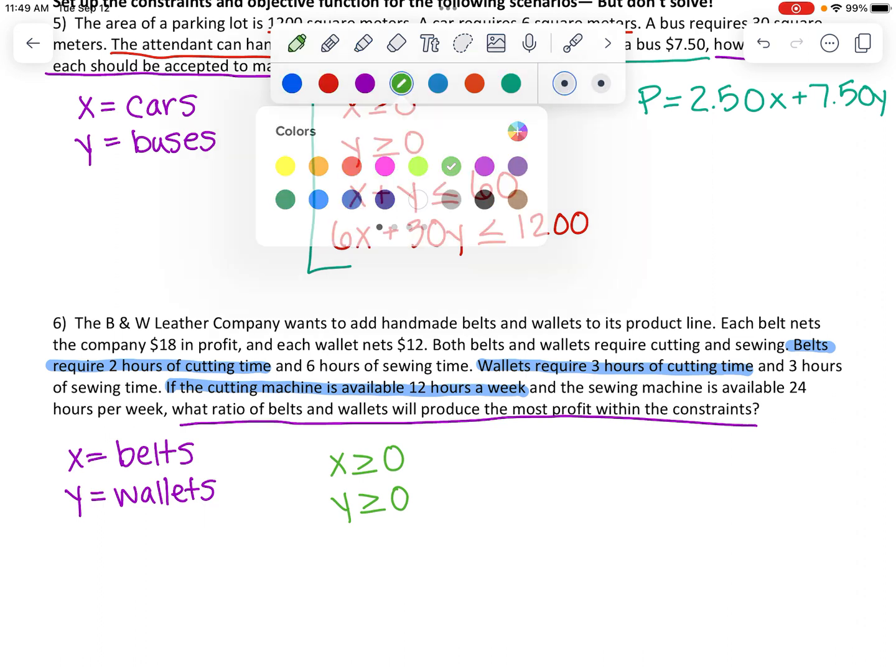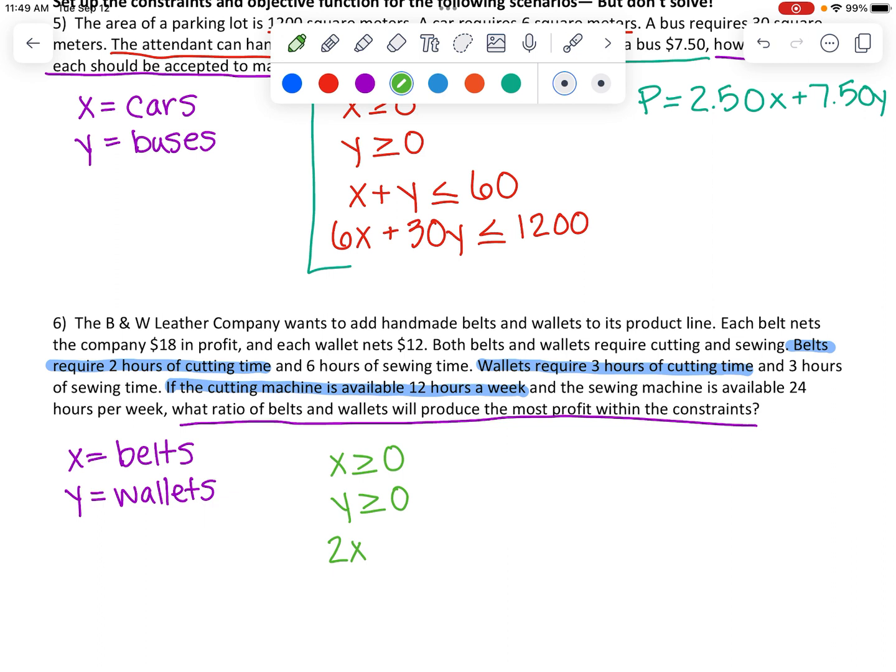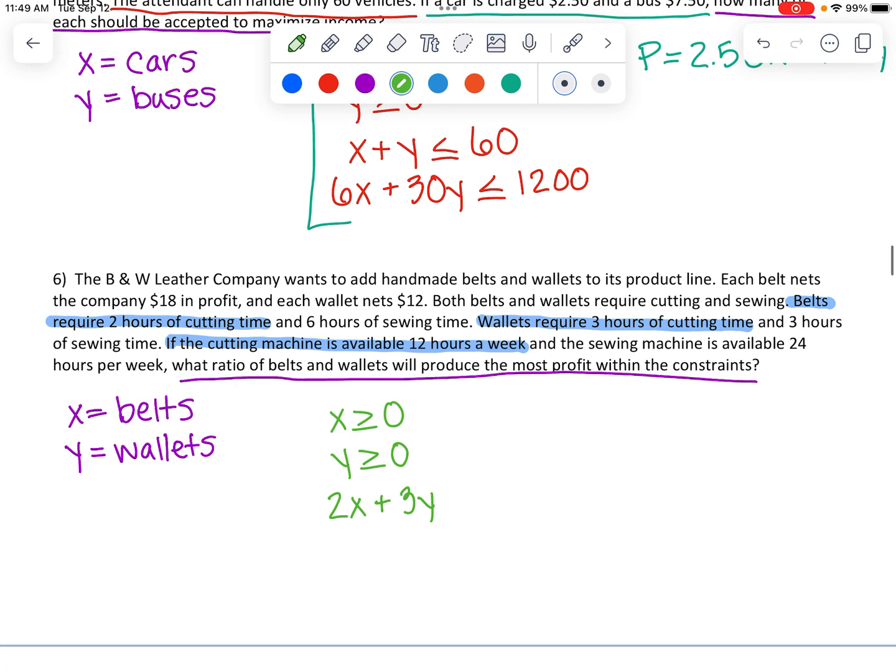So I'm going to take belts require 2 hours of cutting time. Well, I'm going to have 2 hours times the number of belts plus wallets require 3 hours, so I'm going to do 3 times the number of wallets, okay? The cutting machine is available 12 hours a week. We cannot go over the amount of hours that it's available, so I have to keep it less than or equal to the 12.